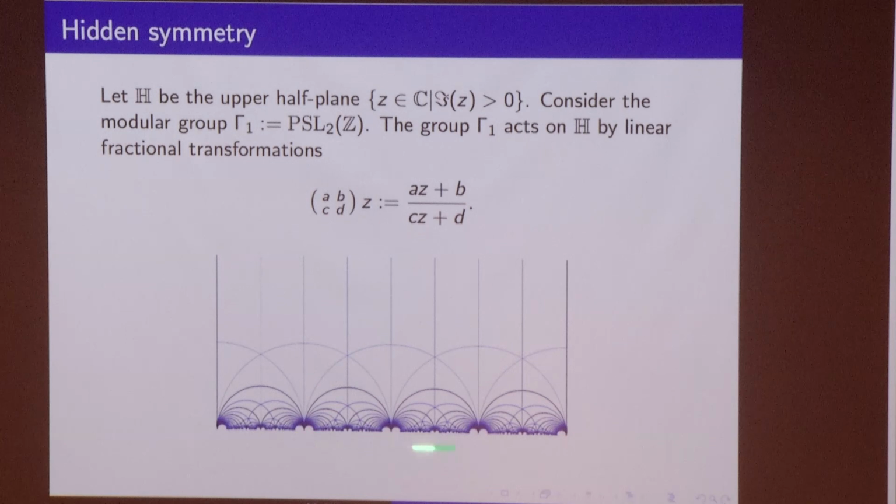What you see here is a fundamental domain of this action. I take all the vertical lines and consider all their images under the action of the modular group.